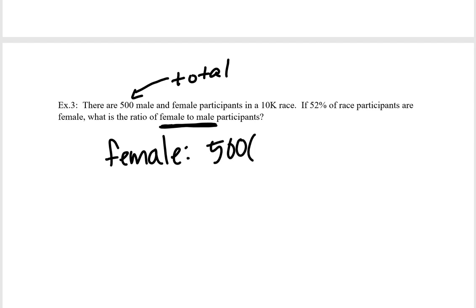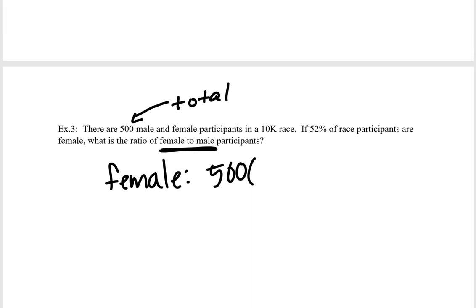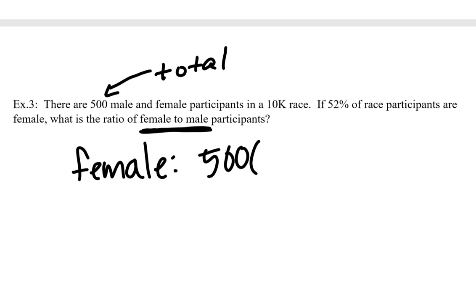It's going to be 500 times... Now you remember what we did with the other number. If we want this number 52 to be a decimal, we just take the understood decimal behind the number and move it 2 places to the left. So 52% becomes 0.52 as a decimal. When you find 52% of 500, you end up getting 260.